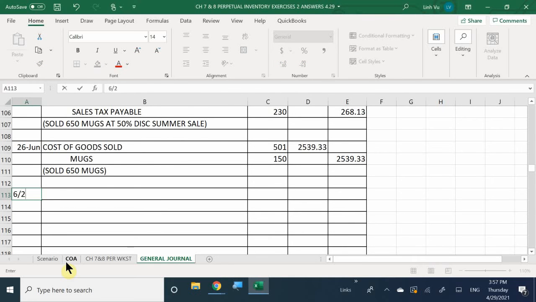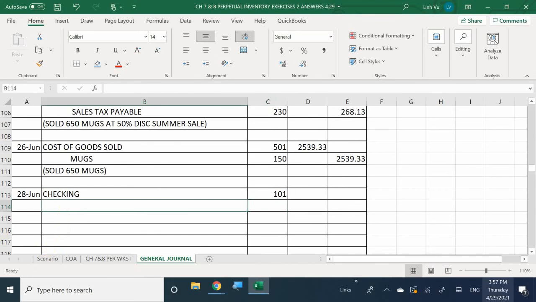So it should go directly to our checking account. Sales discount, right, because we offered him the discount. Sales tax. Sales, right, because we haven't charged him tax yet, so we don't need to refund it. We're going to charge the tax after the discount. Good.